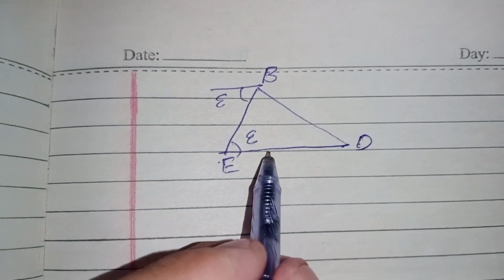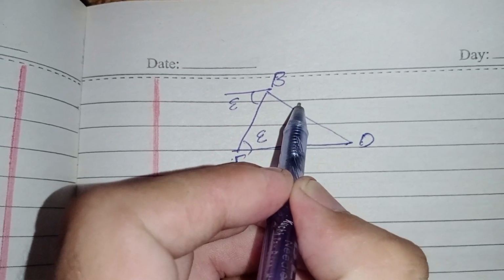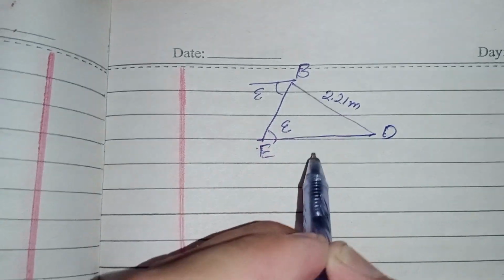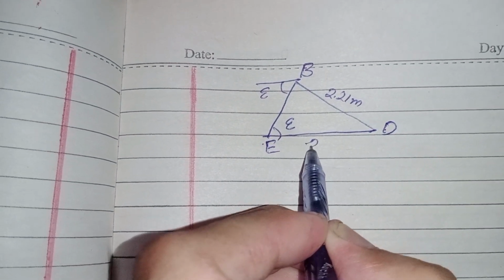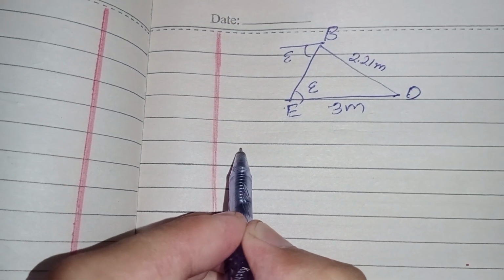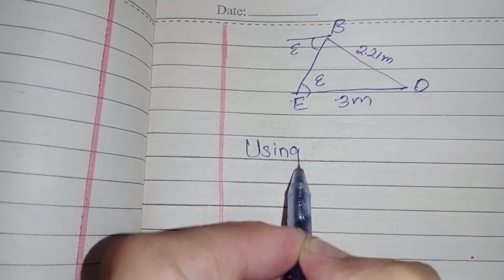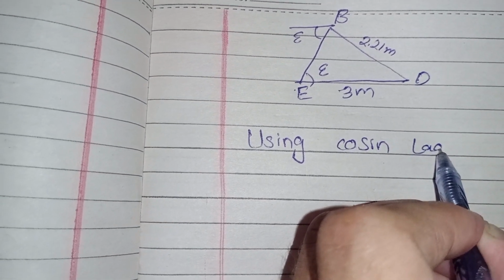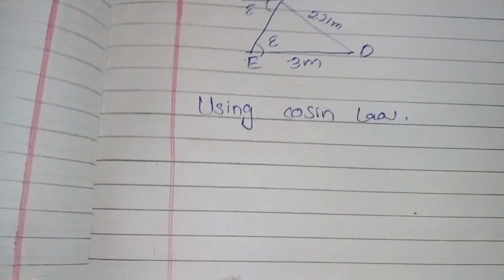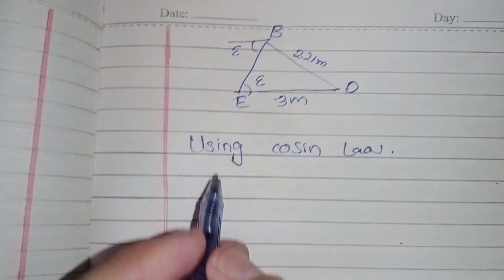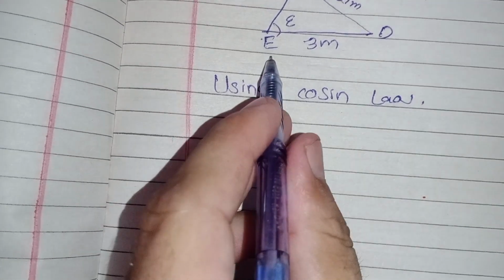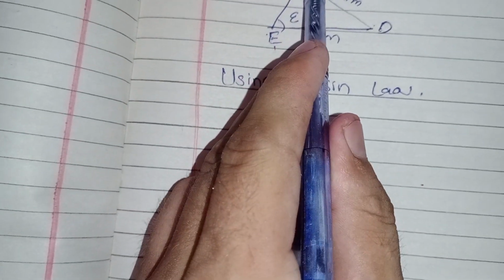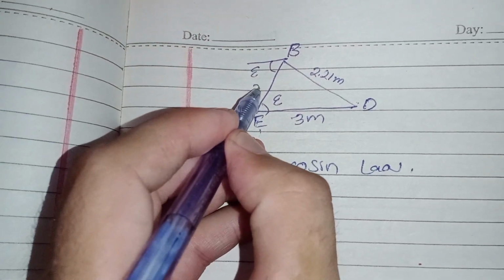The length between point B and D is 2.21 meter, and this length ED is 3 meter. So using cosine law, I will write it directly. We are finding the length BE.